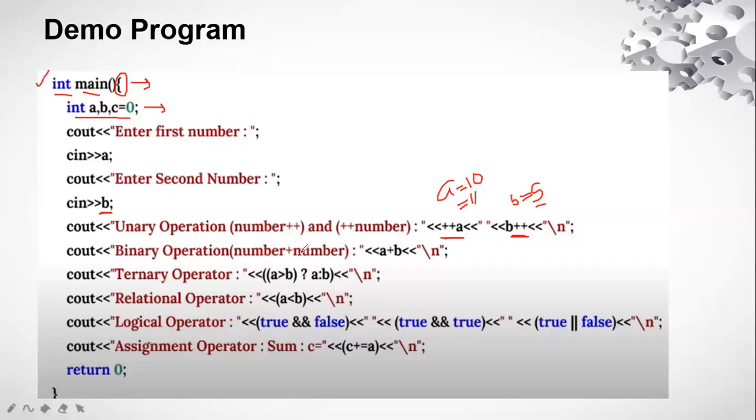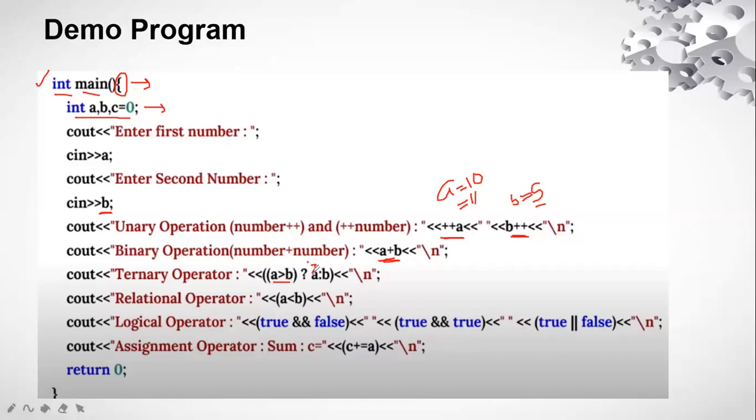Now binary operation, number plus number, that is a plus b. Whatever the values of a and b are will be added. Ternary operator, as I told you, is used for control, like if then else. Here we check the condition. See the syntax: I'm checking if a is greater than b, then this question mark means then. There will be two values. The first is for true.